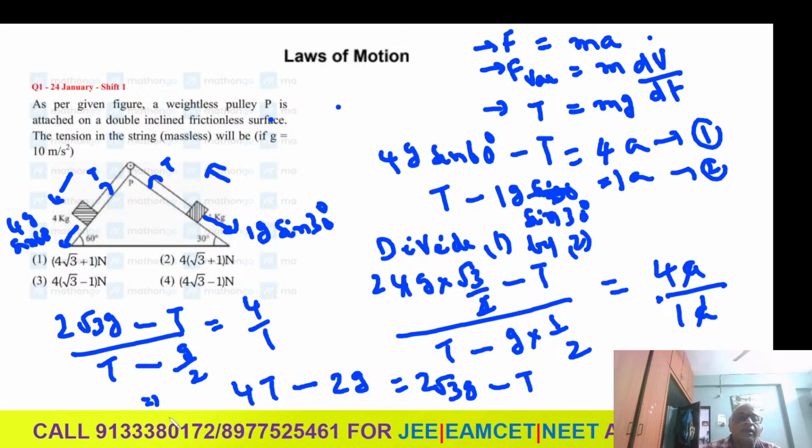If you send that to this side, 4t plus t will become 5t. 5t will become equal to 2 root 3g plus 2g. Take 2g common. You are going to get root 3 minus 1.